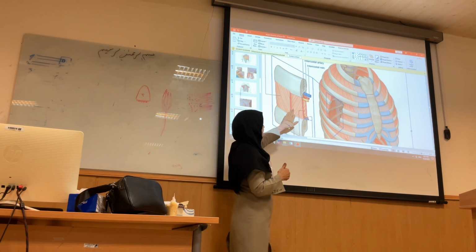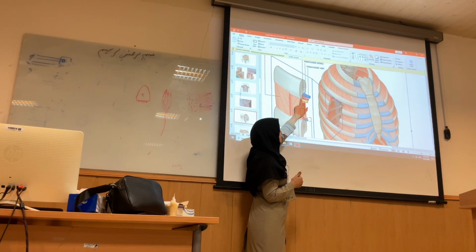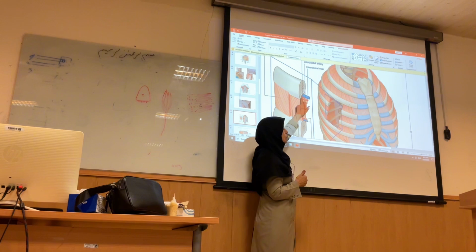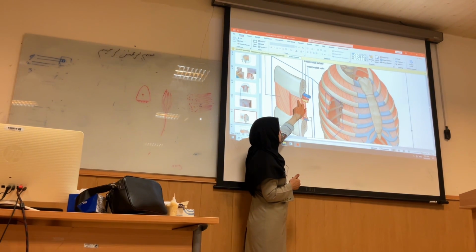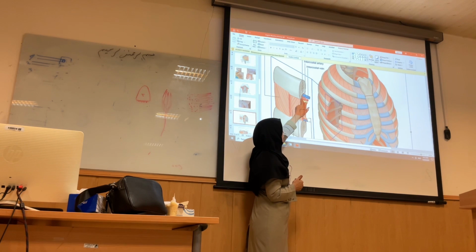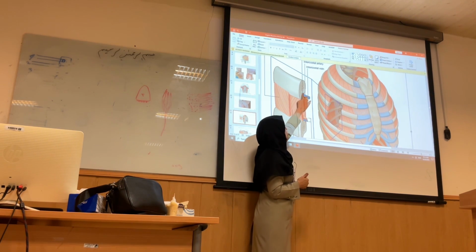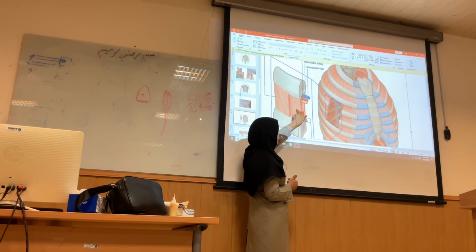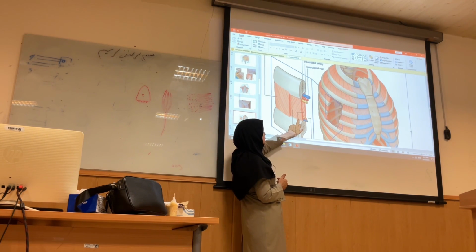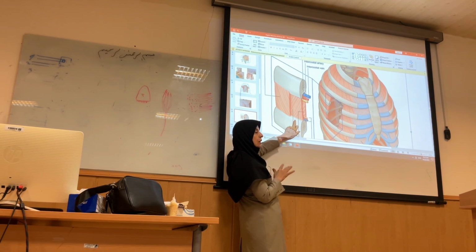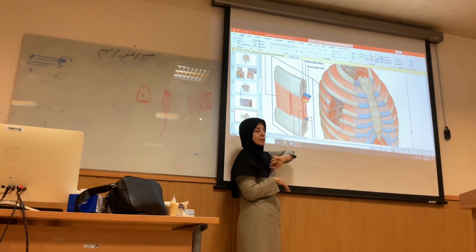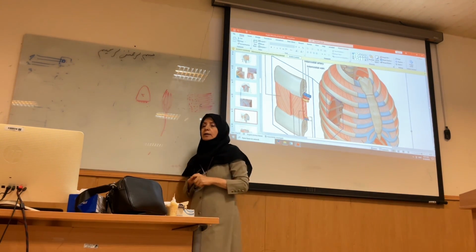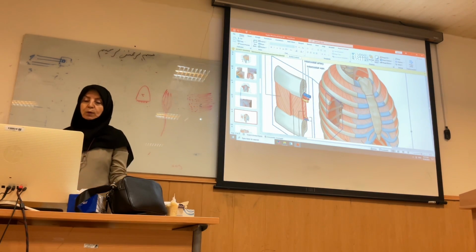Now, about the internal, superiorly it connects. What is this? Costal groove. The internal intercostal muscle connects to the inferior border of the costal groove. Inferiorly it is going to connect to the superior border of the lower rib, deep to the external intercostal muscle. Now look at the innermost.